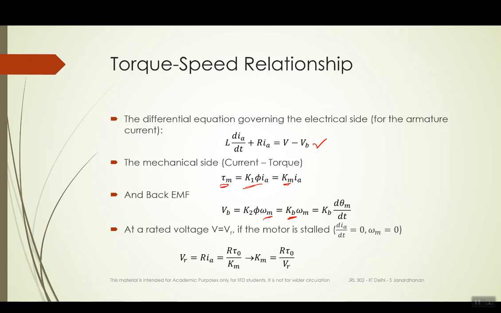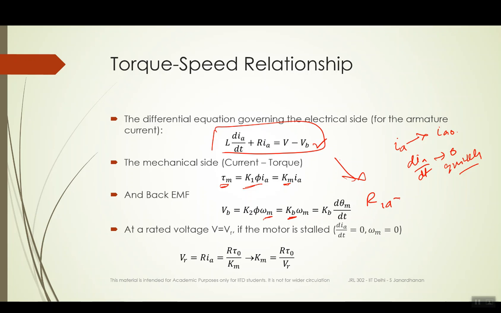Now at rated voltage, Ia settles to some value, Ia0, very quickly. So dia by dt goes to 0 quickly. After a very small time, the first equation becomes R times Ia equals V minus Vb.